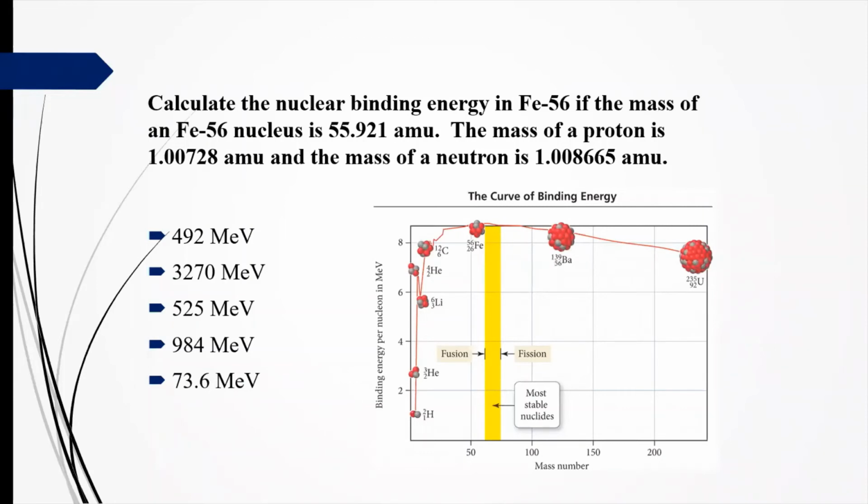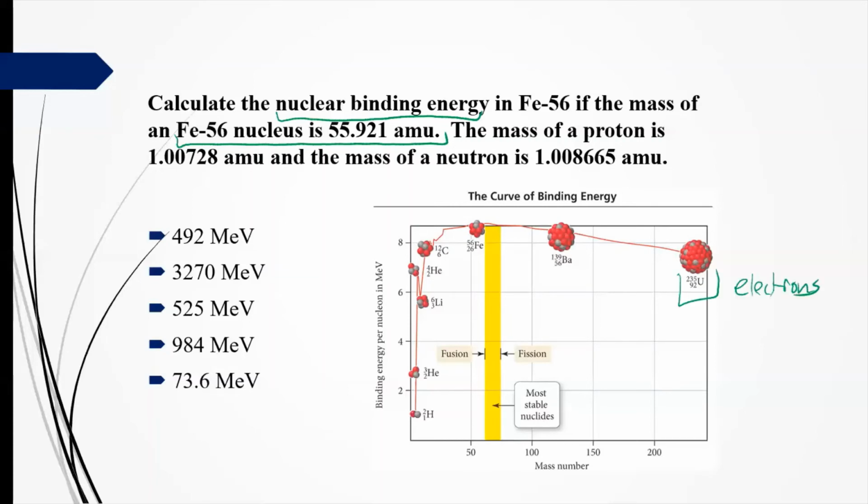So when we start this one, we want to remember that our binding energy relates to the mass defect between our neutrons plus our protons and our nucleus. We know that the mass of the nucleus is 55.921 AMU. Now, be careful on this. If the given mass includes our electrons, so if it's just giving us the mass of the atom, then we have to subtract our electrons from it.